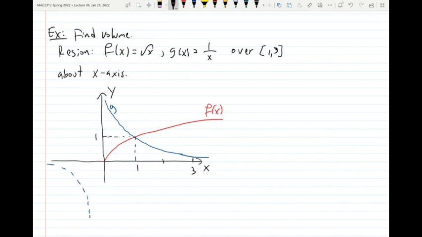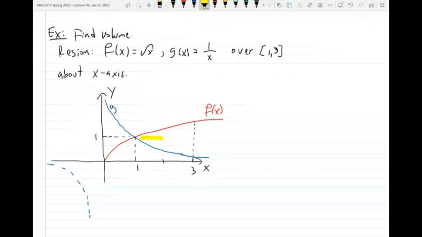So f of x, g of x over 1 to 3. That means we're talking about this region right here, bounded above by f, bounded below by g, and it starts at 1 and finishes at 3.